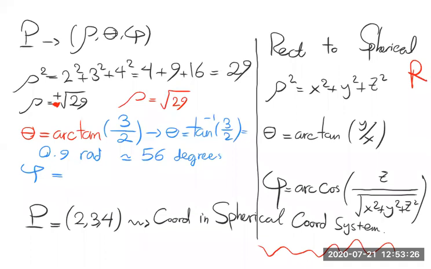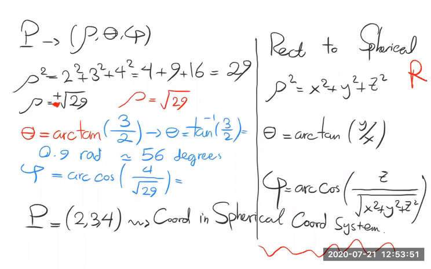Okay, phi would be arc cosine of z over rho. Well, what is z? Z is 4, so it is 4 over square root of 29. What is arc cosine of that? Can you compute it? I think it's a pretty small angle, right?